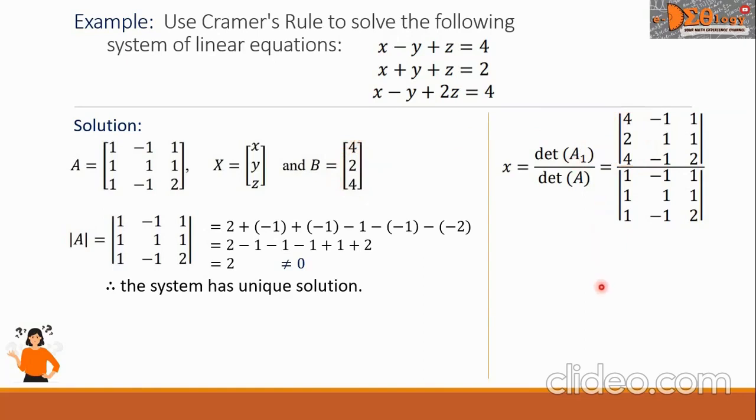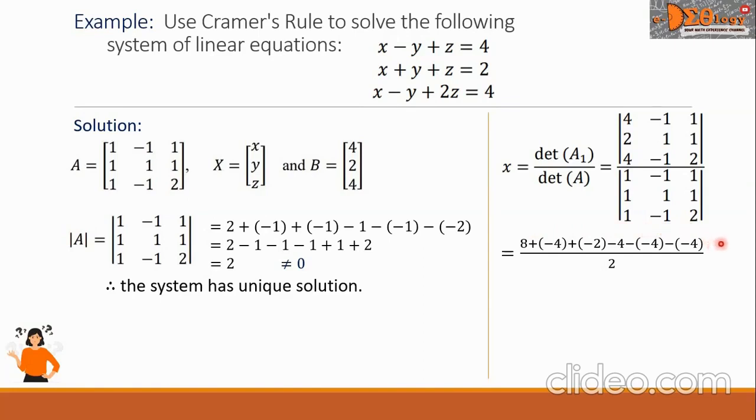Then let us evaluate the determinants respectively. In our denominator, we solved this a while ago, and we can write the answer here. For the numerator, it becomes like this. We will use the diagonals method. The values will be 8 plus -4 plus -2 minus 4 minus -4 minus -4.